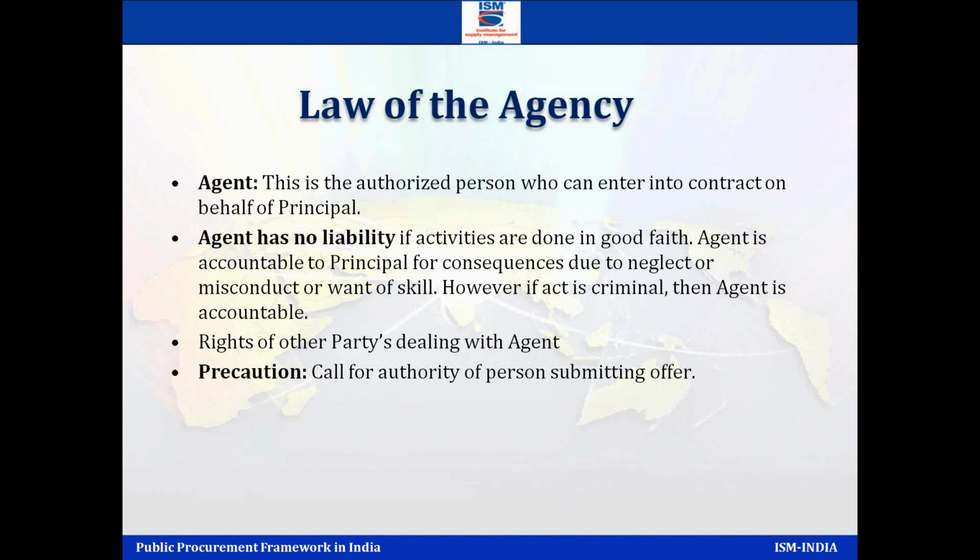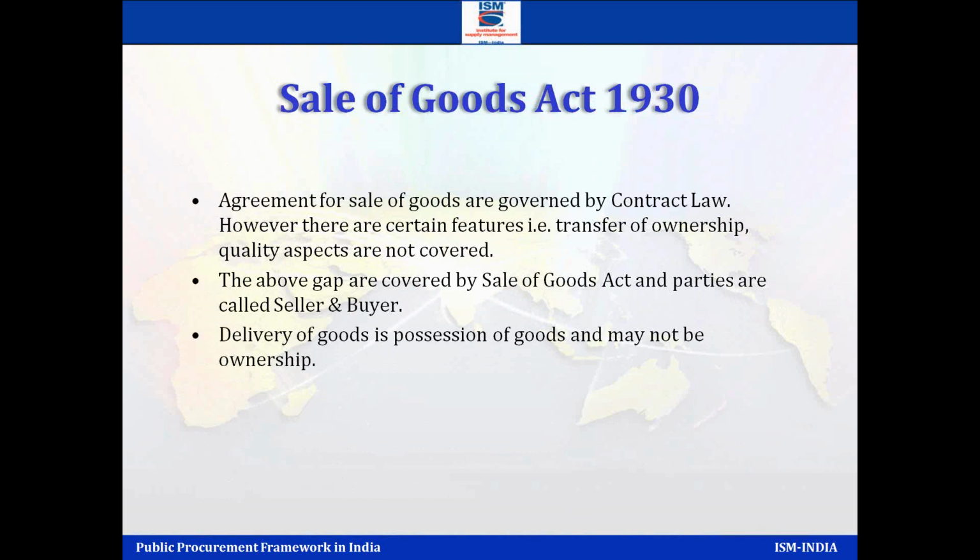Let's say somebody is the head of the company and is going away; they give authority to someone to sign on his or her behalf, and that person becomes the agent. But if something goes wrong, and if it was done in good faith, the agent cannot be liable. And if you take precautions, call for the authority of the person submitting offers.